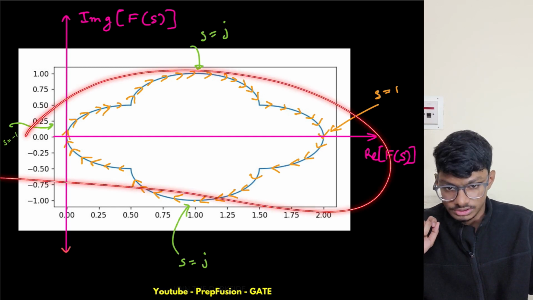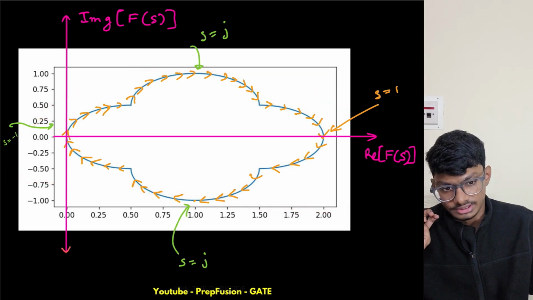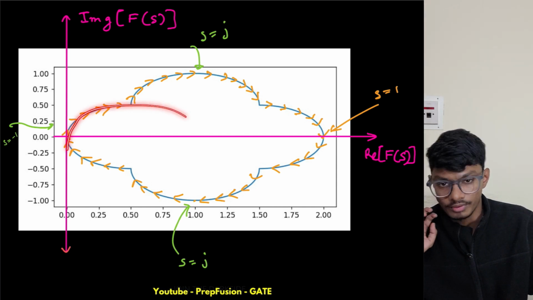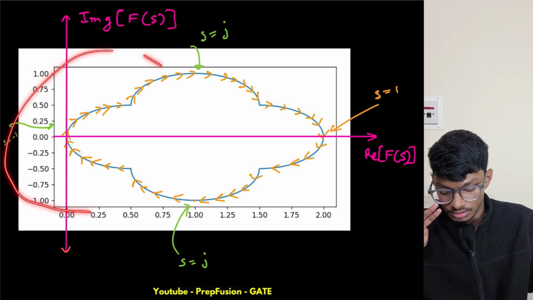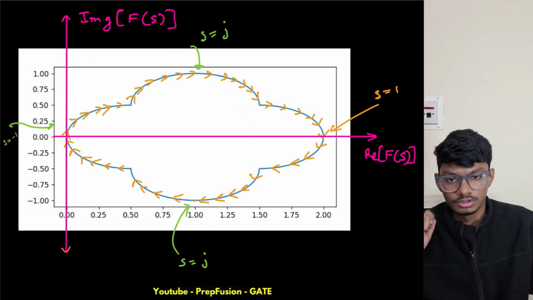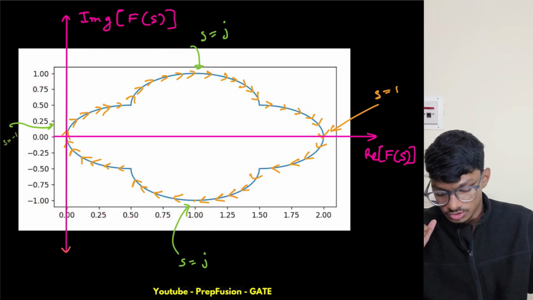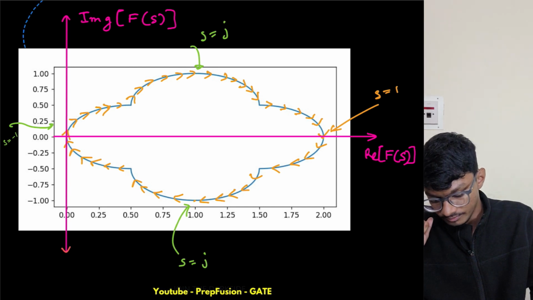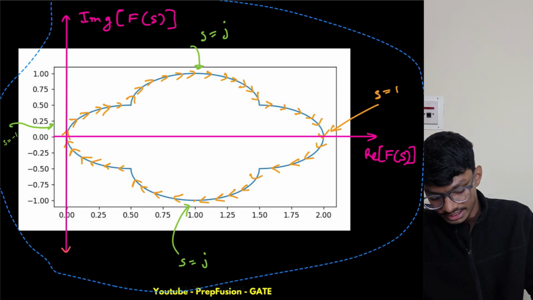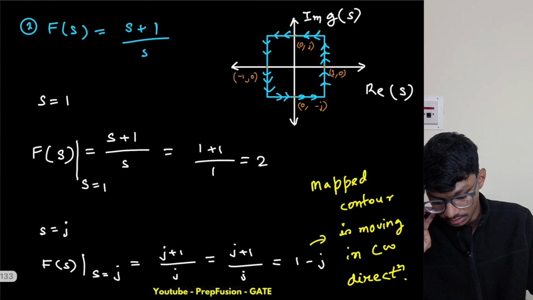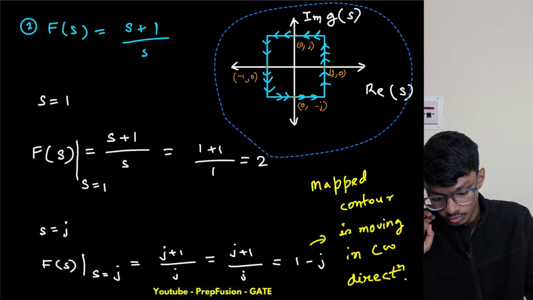So there will be two plots: one will be clockwise and the other anti-clockwise, and that other one will cover the origin, but here it didn't. So I have to delete this one. I can't exactly show you how the Python plot would look, but I can show you approximately how it will look.